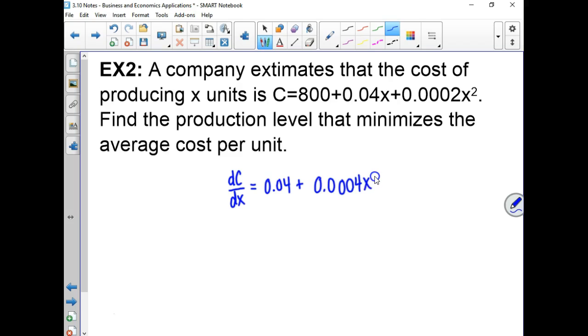We're going to set that equal to 0 to find those critical values. So we would subtract that 0.04, so 0.0004x equals negative 0.00.